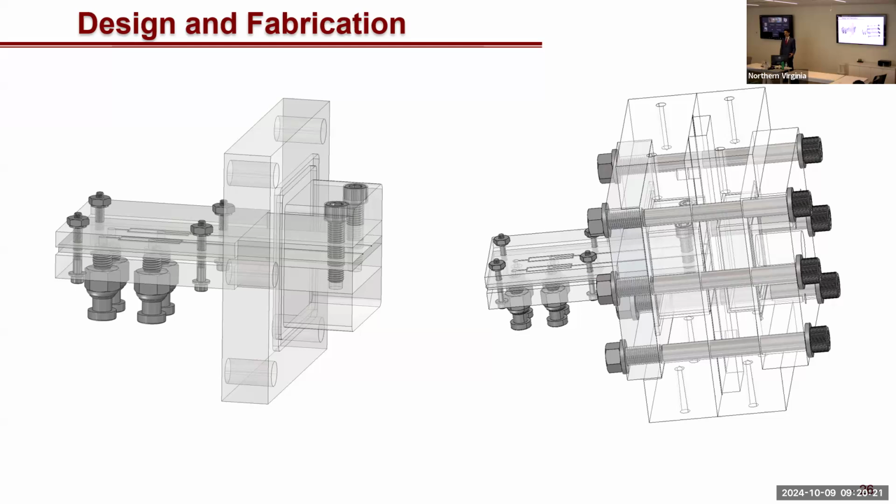This is how the injector fits in with the test section. So we have a test section that's 1 centimeter by 3 centimeters. It's rectangular. You can see it at that top portion there, and it's secured to the test section with these 6 fasteners.